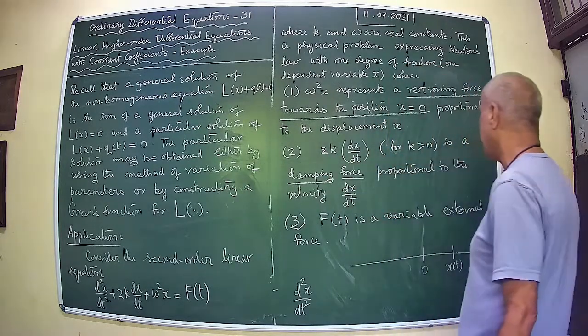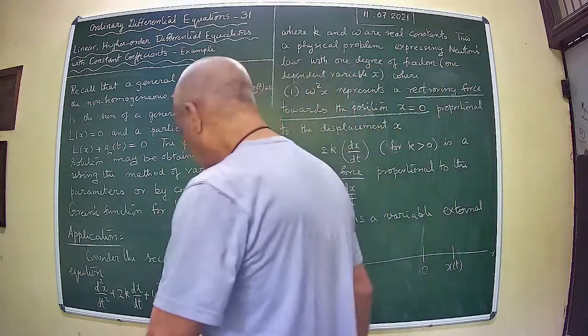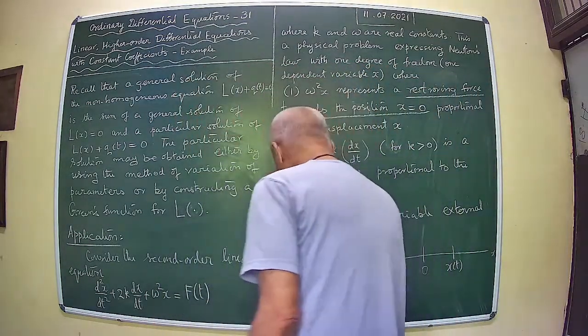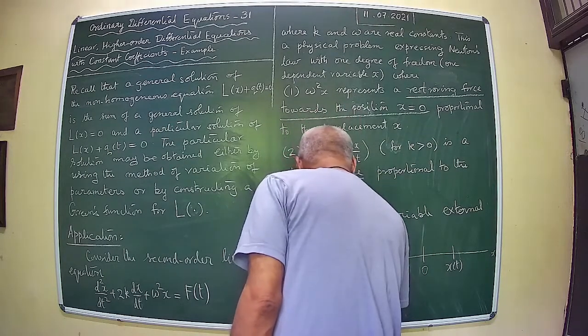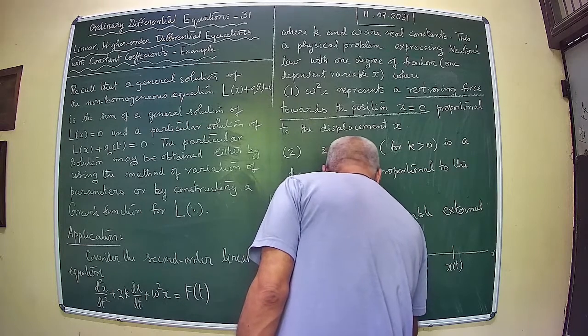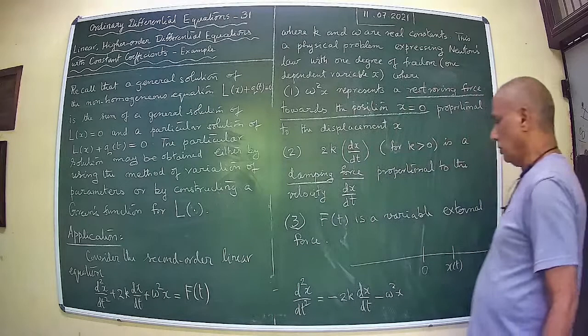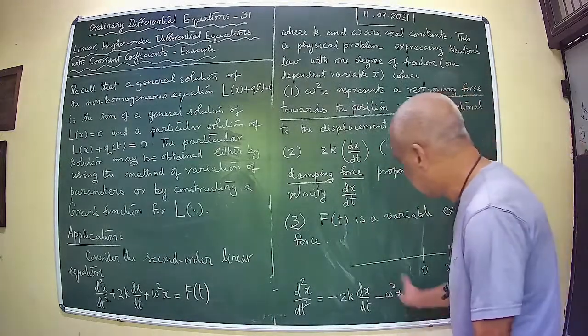This is where k is, if k is positive, then you see that this is going to be negative. So what you have is this, minus 2k dx by dt. So as x increases, this is a negative force.